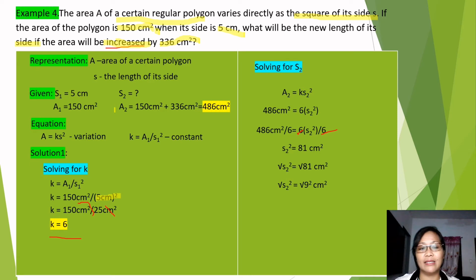Since 81 is a perfect square, which is 9 times 9 or 9 squared, we have 9 squared. Then we cancel the square and the radical sign, and of course, we have S sub 2 is equal to 9 centimeters. Next.